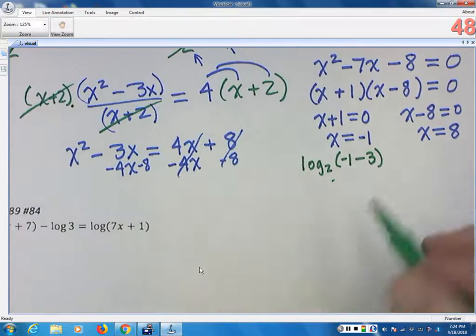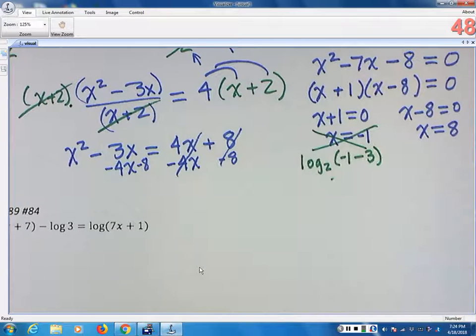That's going to be a log of a negative number. That's going to be log of negative 4. So if any of those logs on the original equation give you a negative inside of them, that solution does not work. Okay? And now I can check for x equals 8.